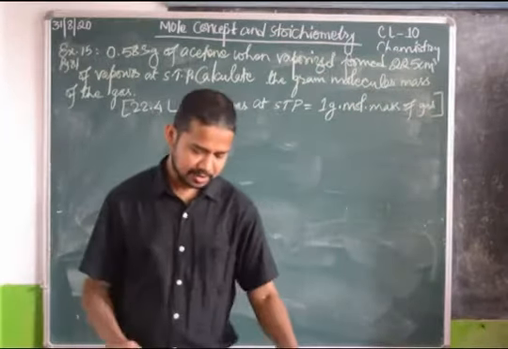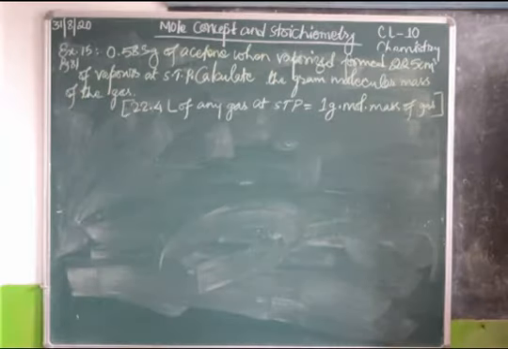So what is the question? 0.583 gram of acetone when vaporized formed 225 centimeter cube of vapors at STP. Calculate the gram molecular mass of the gas. That means you have to find the gram molecular mass of gaseous acetone.